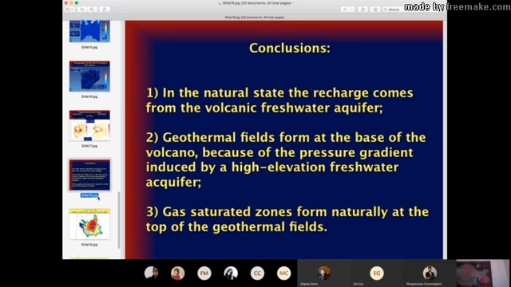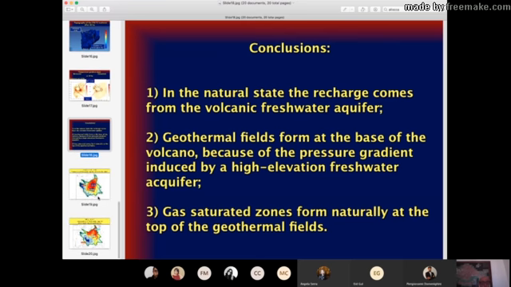So we run briefly through the conclusions, and then I'm going to show you the effect of geothermal energy exploitation on the first freshwater aquifer.